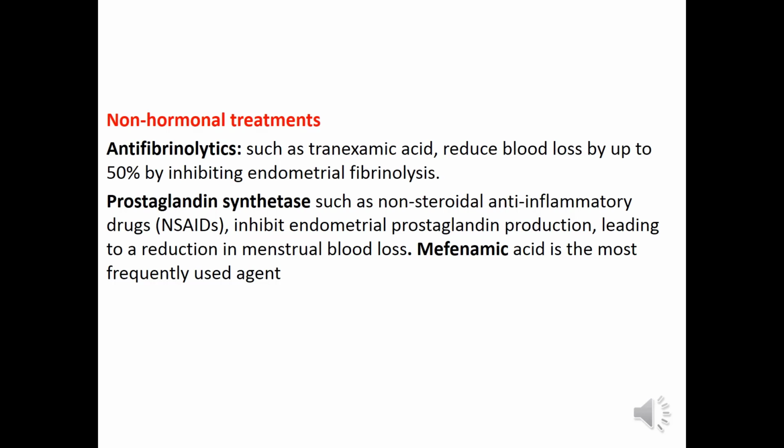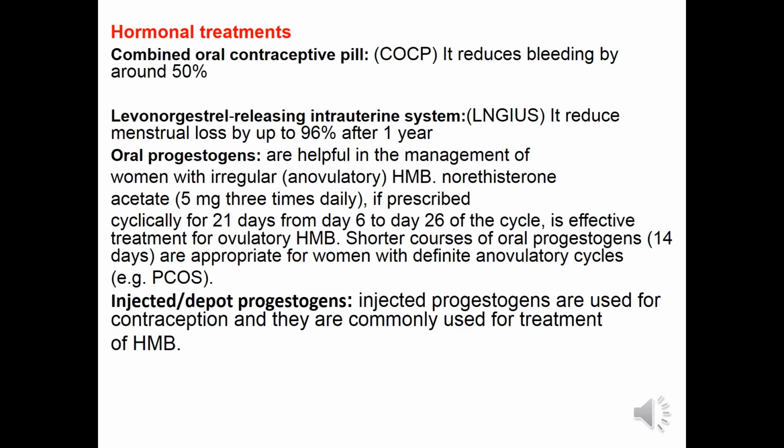Hormonal treatment. Combined oral contraceptive pills reduce bleeding by around 50%. Levonorgestrel releasing intrauterine system reduces menstrual loss by up to 96% after 1 year. Oral progesterones are helpful in the management of women with irregular and ovulatory heavy menstrual bleeding.